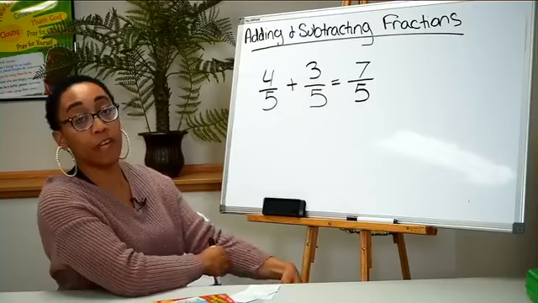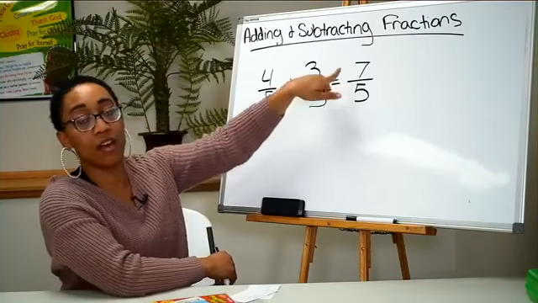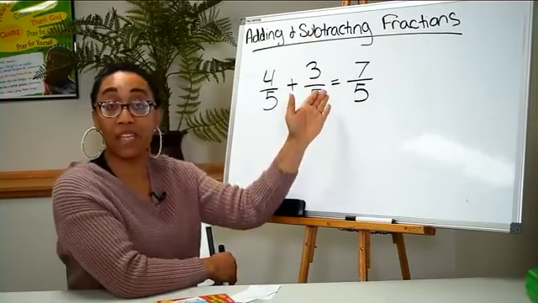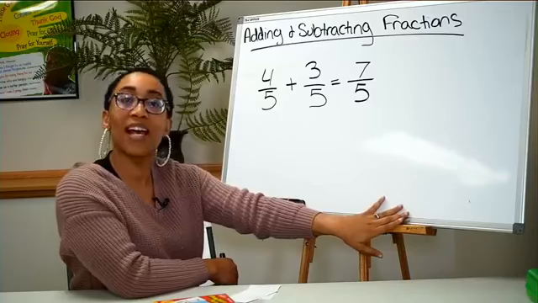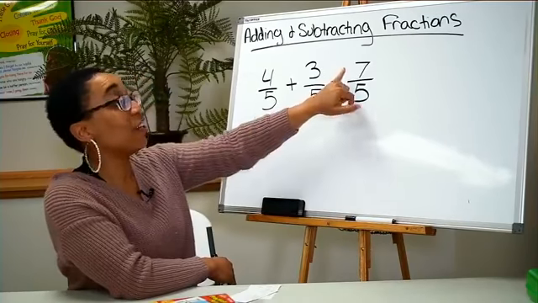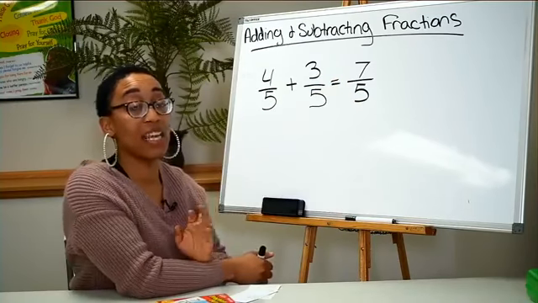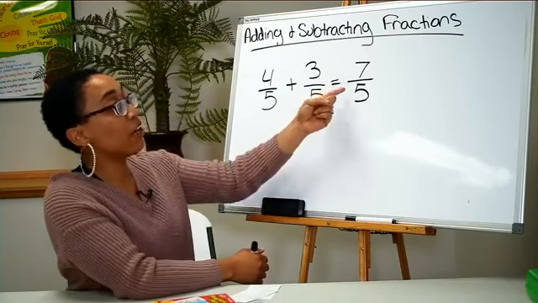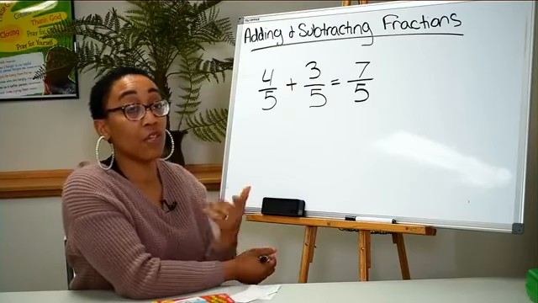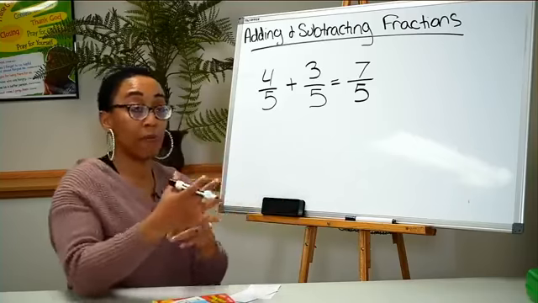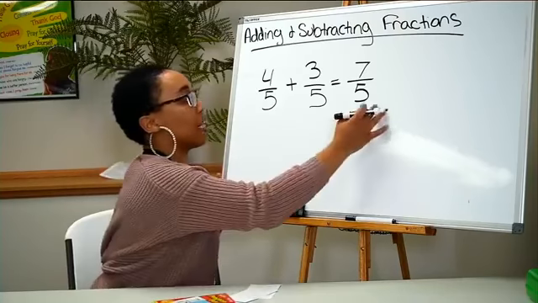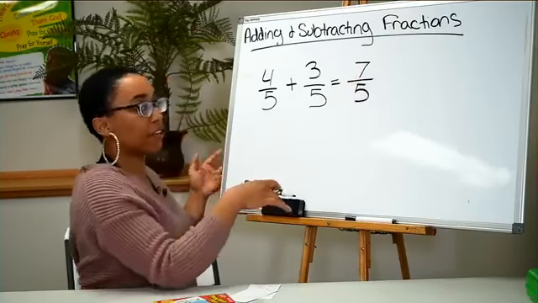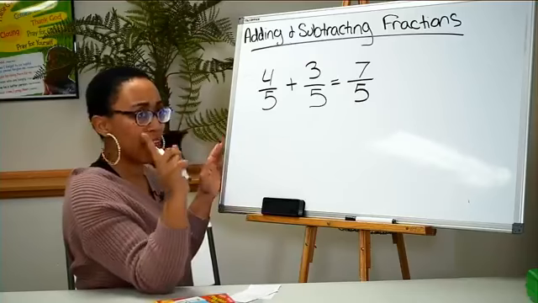Just add the numerators. Now, some teachers are not going to accept this answer because it is an improper fraction. Improper fraction meaning the numerator is bigger than the denominator. So in order to change that into a proper fraction, what we have to do is see how many times 5 goes into 7 completely, and that's once.